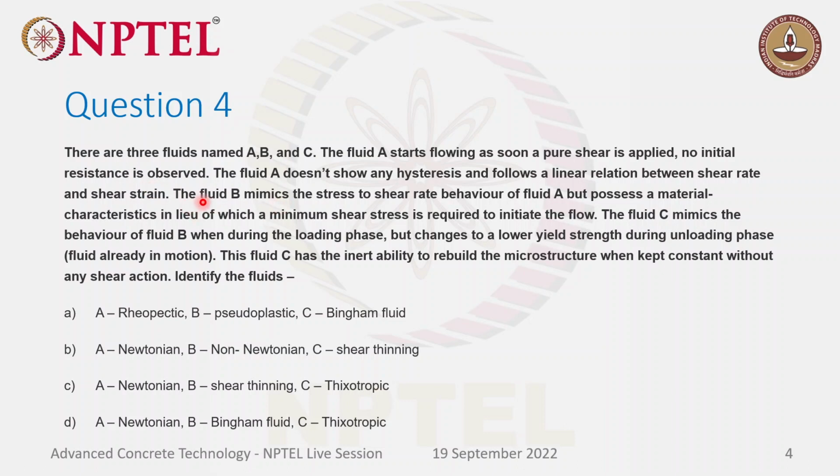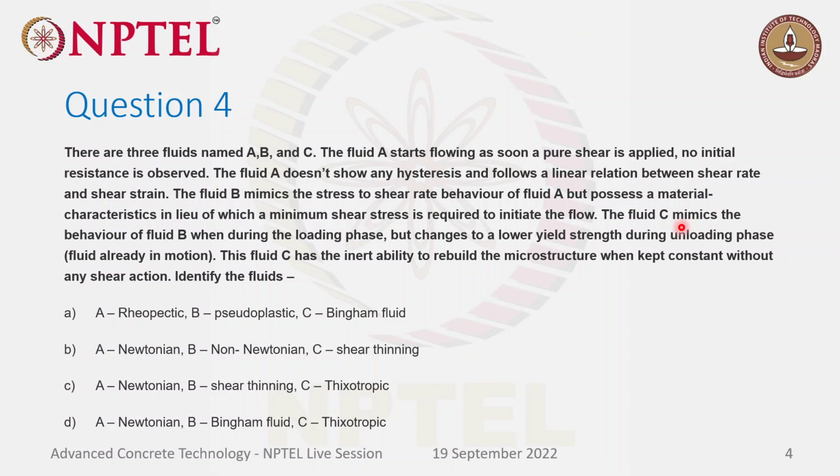And fluid B mimics the shear stress to shear rate behavior of fluid A, but possesses a material characteristic in lieu of which a minimum shear stress is required to initiate the flow. So it has a linear relationship between shear rate and shear strain, but initially it requires a minimum shear stress to initiate the flow. I have just explained this in question 3, so you would have known what fluid B is as well.